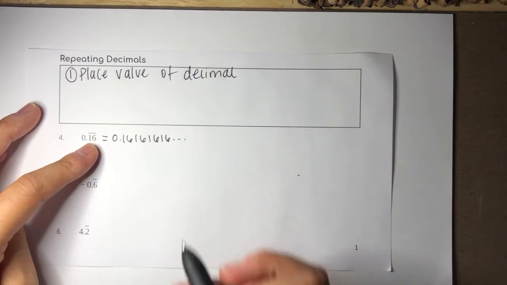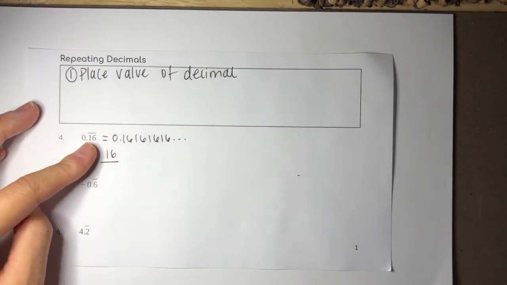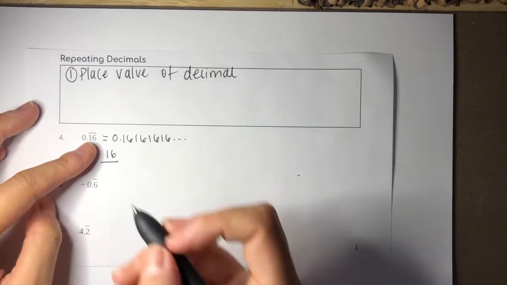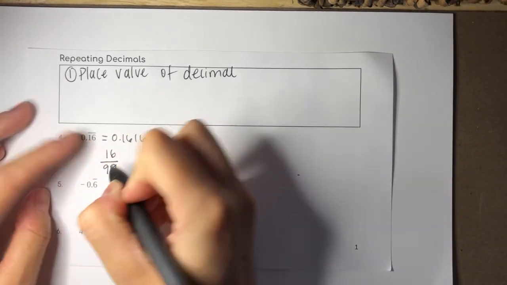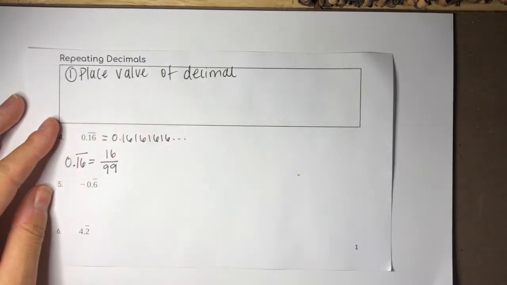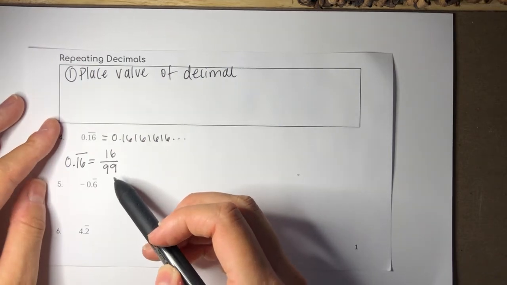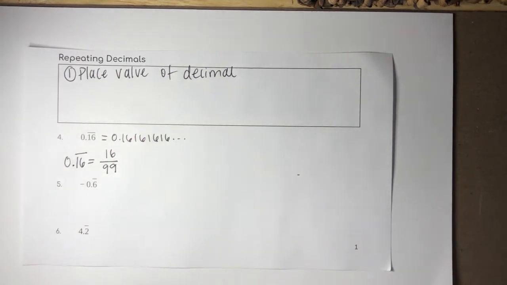But instead of using 100 on the bottom, I'm going to use one less than 100. I'm going to use 99. So I'm saying that 0.16 repeating is the same as 16/99, one less than that place value.